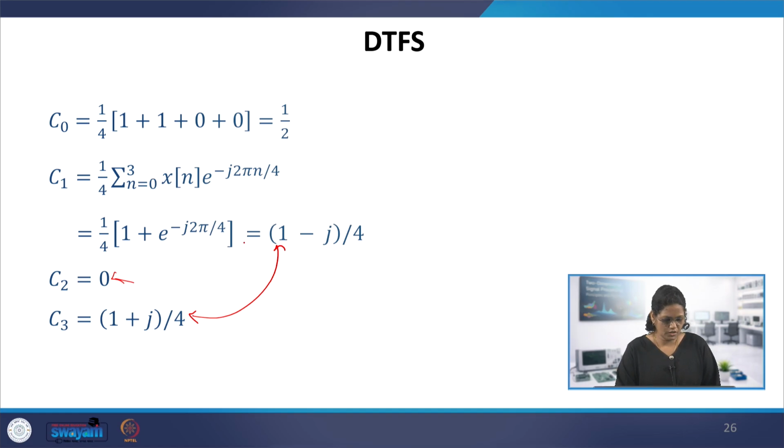So it is sufficient to calculate up to n by 2 terms of k. Here n is 4, so it is sufficient to calculate k equal to 0 and k equal to 1. 0 is DC and 1 is going to be the value of the fundamental. 2 is the case where it is 0, it is not having any, and these two are complex conjugates.